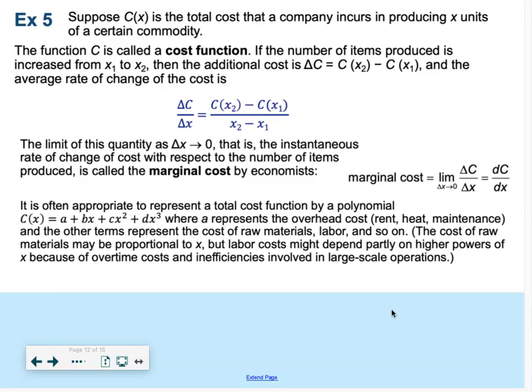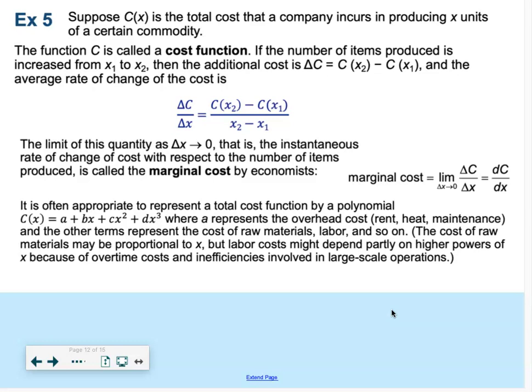So if C is a cost function, if the number of items produced increases from x1 to x2, the additional cost is the average rate of change of the cost. If you take the limit of the average rate of change of the cost, which means the derivative of your cost function, the derivative of the cost function is called the marginal cost.